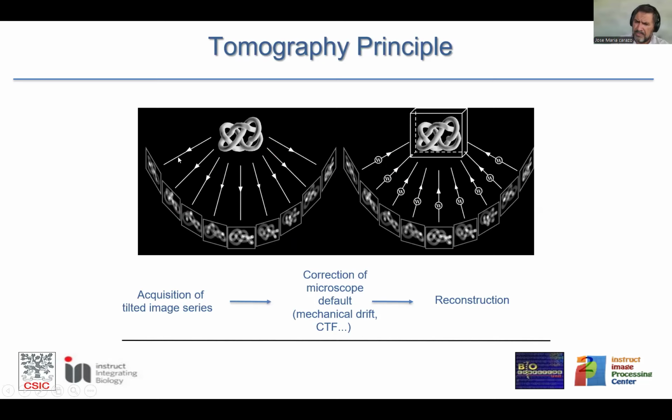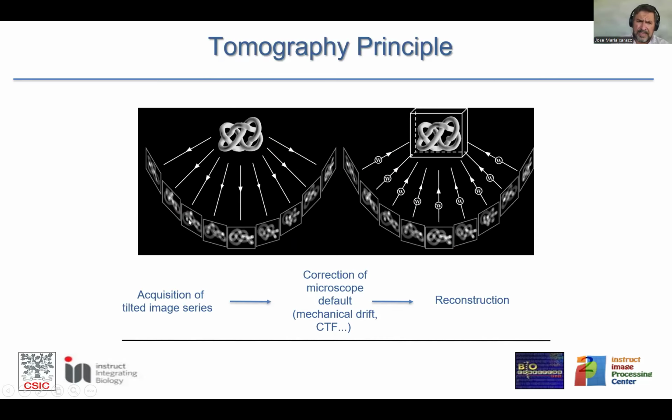The tomography principle was stated more than a century ago, and it says, listen, from one image, you cannot get a 3D object. Even if the image is known to be a projection, you cannot get a 3D object.